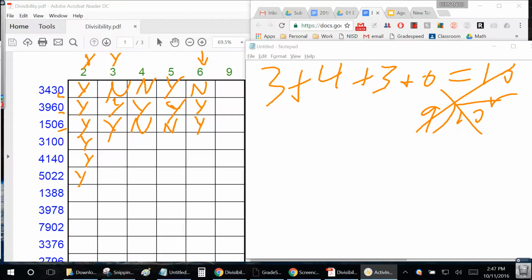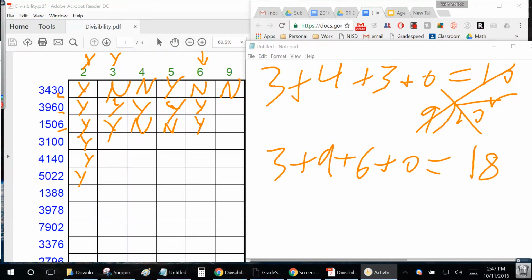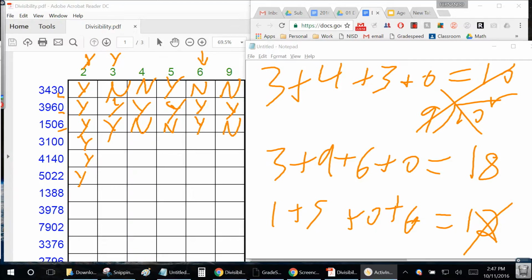No, that will be a remainder. Then you have 3 plus 9 plus 6 plus 0. You add those all together, 18. 9 goes into 18 two times, so that will be a yes. Then you have 1 plus 5 plus 0 plus 6, that gives us 12. Can 9 go into 12 without a remainder? No, you will have a remainder.